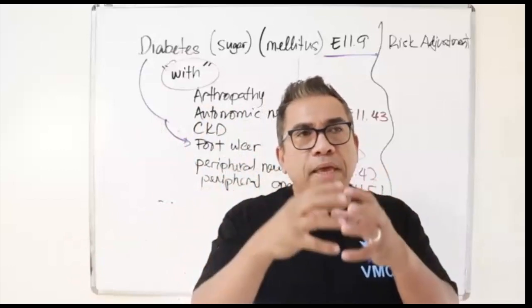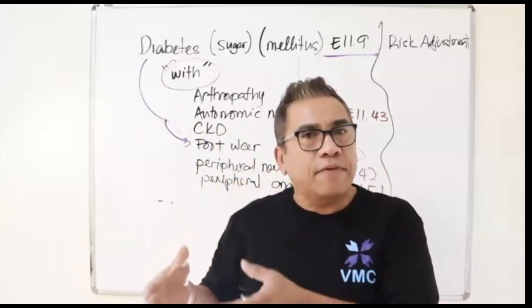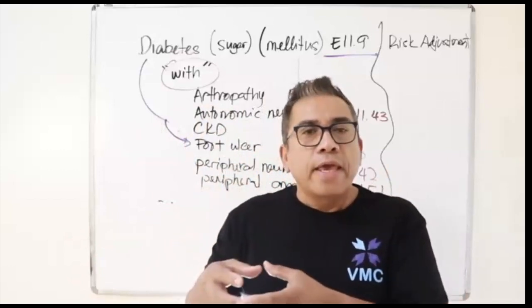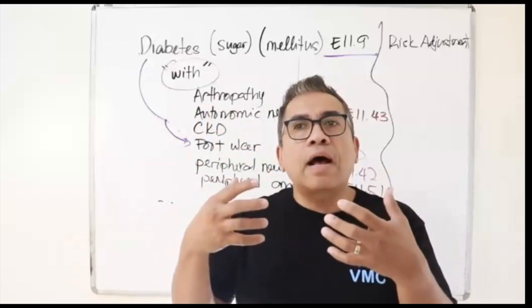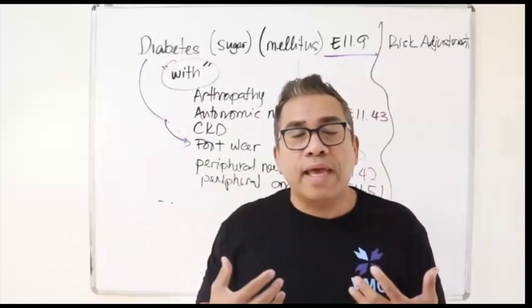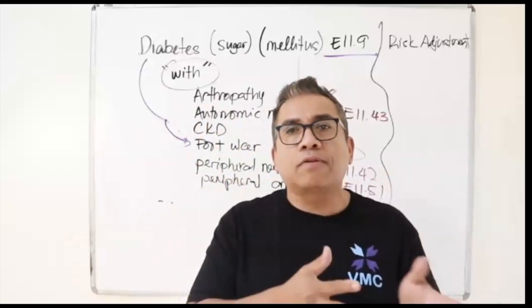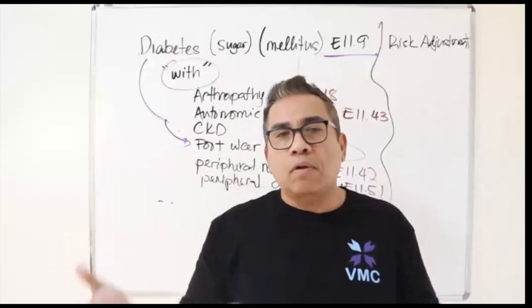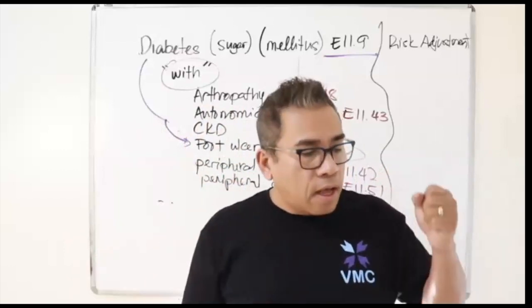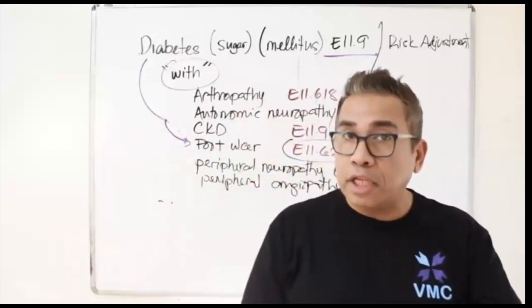How the payment is calculated for each individual is based on how many chronic conditions a patient may have. Let's say, for example, the age group 65 and older, those are the Medicare population.